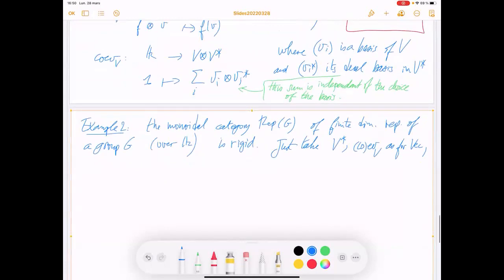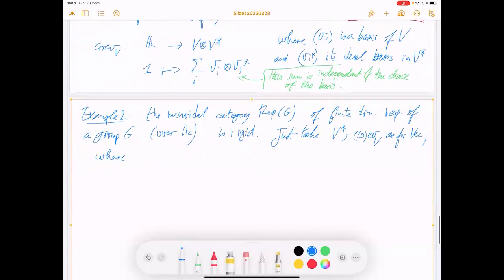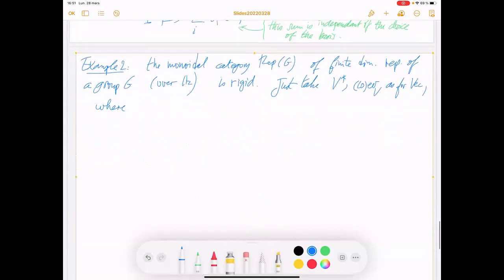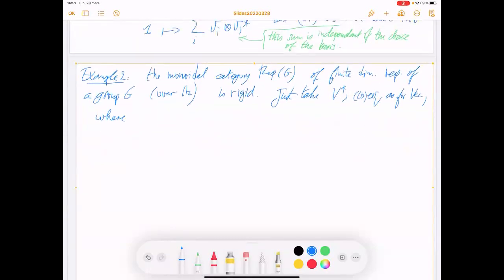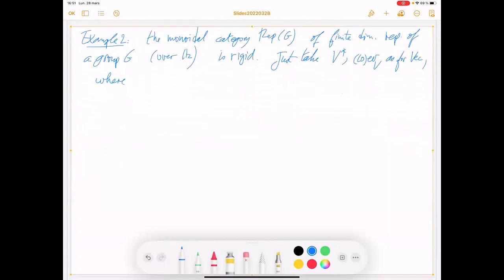But where? The representation for V star, what is the representation? Because it's a category of representations, you need to define the representation for V star, even if you can define V star as a vector space.